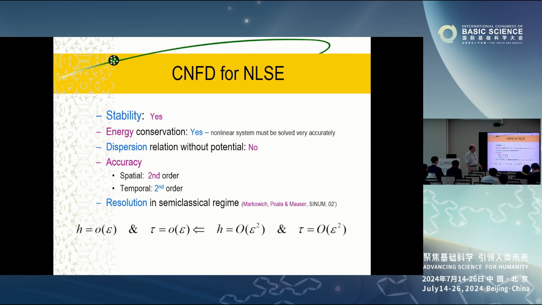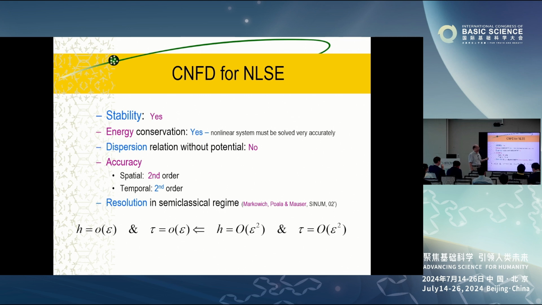So I think at the beginning of this century, people studied and tried to understand for this scheme, when epsilon is small, what's the resolution? With epsilon smaller, your mesh size h and the time step tau must be at which ratio of epsilon?